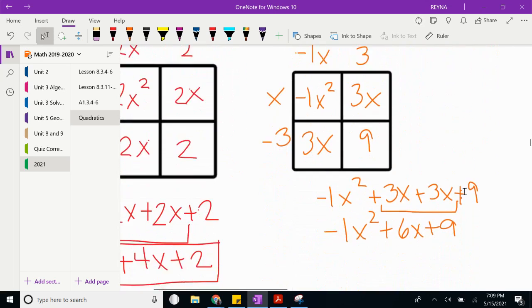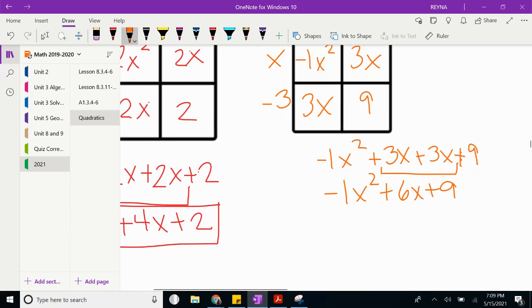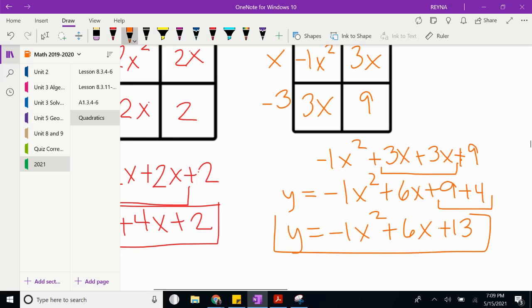So if I scroll down, we're going to put plus 4. And we can combine these. And what do you get as your final answer? Ta-da! Now we turned that one from vertex form into standard form.